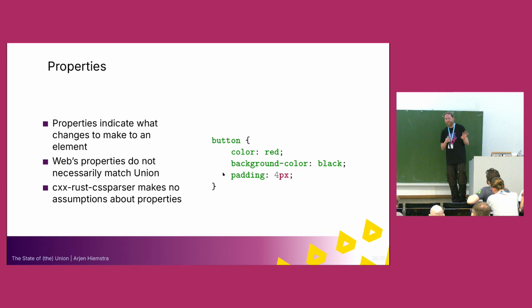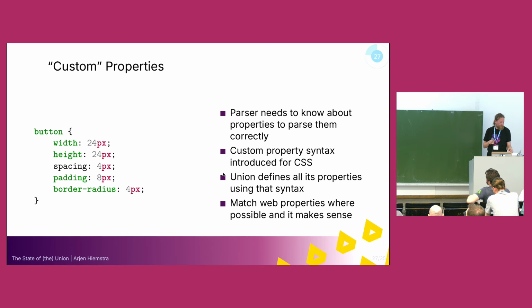And this is actually the reason why I wanted a more low-level CSS parsing library, because I wanted to be able to say from Union, these are the kind of properties that we support. Because, again, some of them just don't make sense. So we still need to know what those properties are.